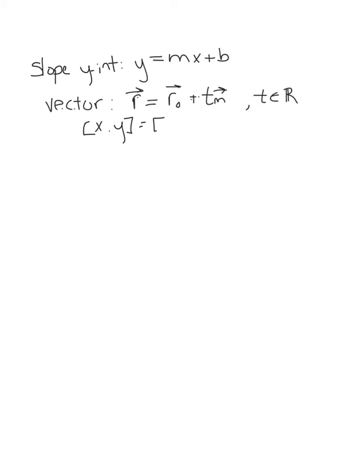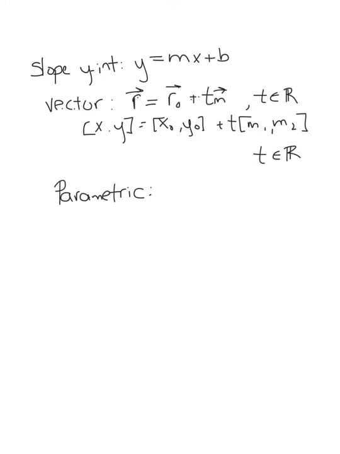So this r sub 0 is really just a point that we're going to make look like this using our square brackets so that everything looks the exact same, plus parameter t times that direction vector m, and still t is an element of the reals.